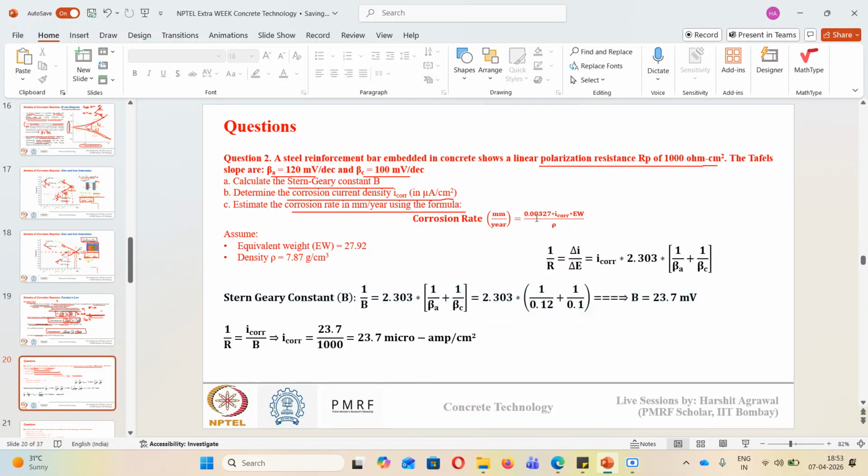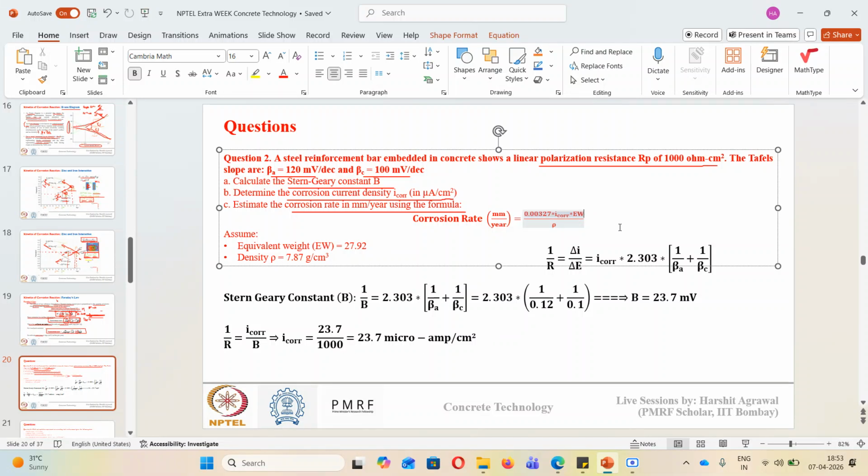And corrosion rate you can then calculate simply by substituting the current density value in this relationship. It will be nothing but 0.00327 times 23.7 times E naught, that is 56, divided by rho. So density is 7.87.